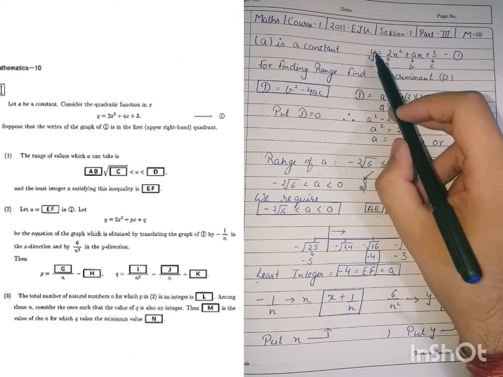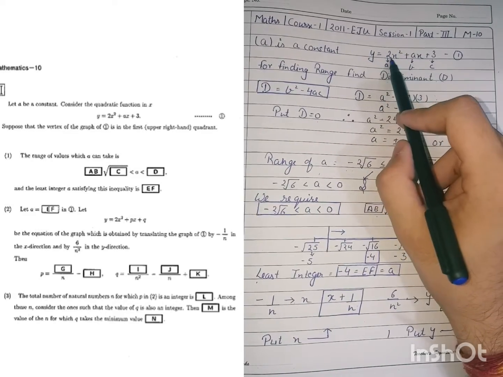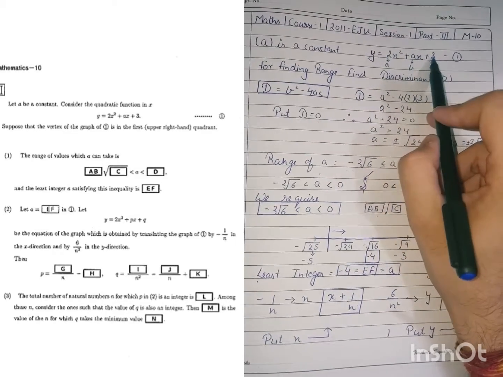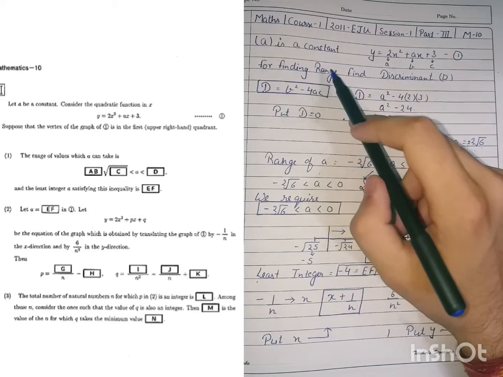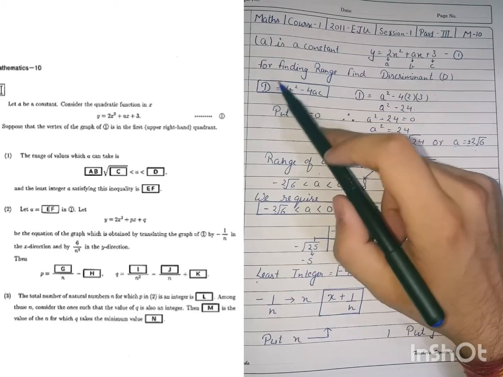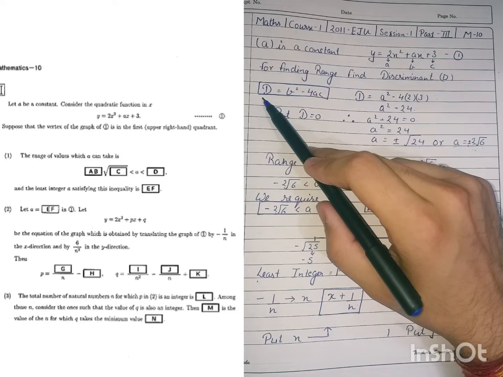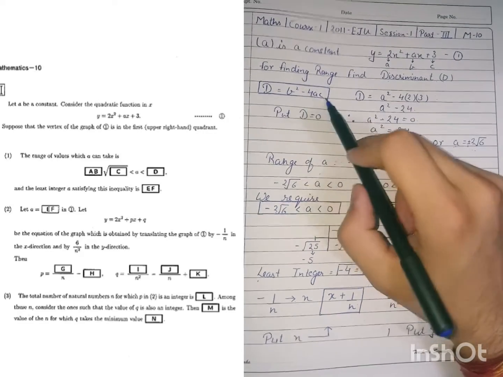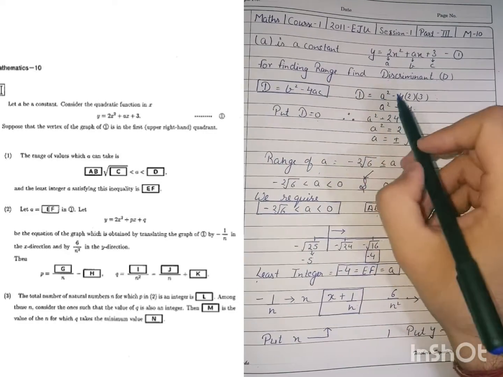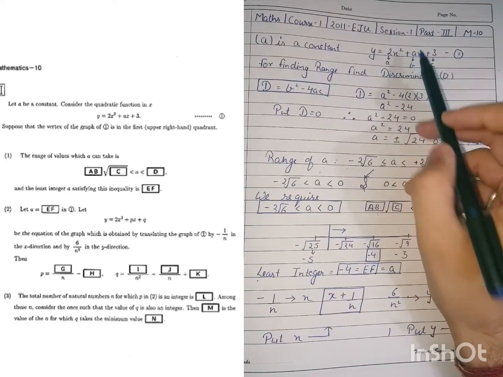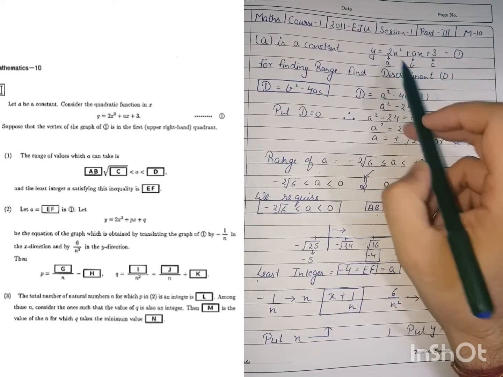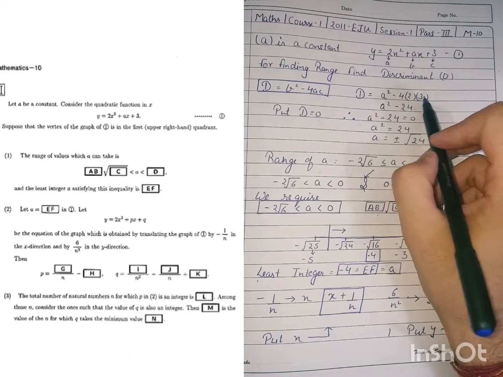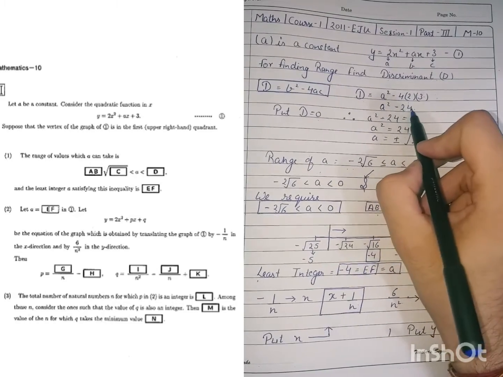First of all we are given the equation y is equal to 2x square plus ax plus 3. For finding the range, we'll go with the discriminant b square minus 4ac. D is equal to b square, which is a square, minus 4 into a into c, which is a square minus 24.